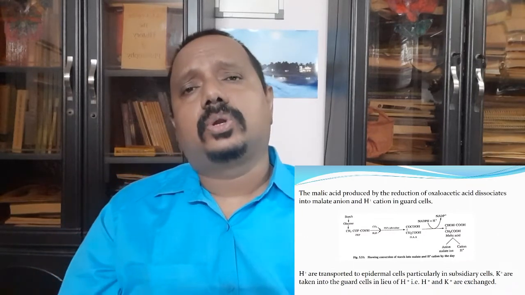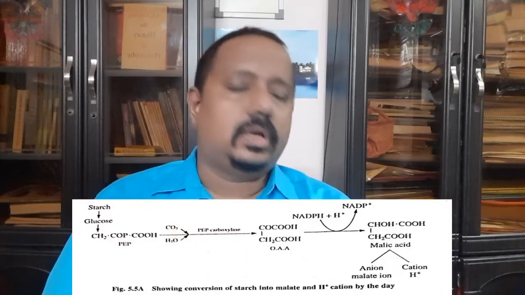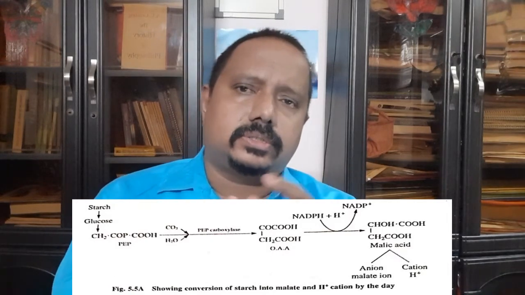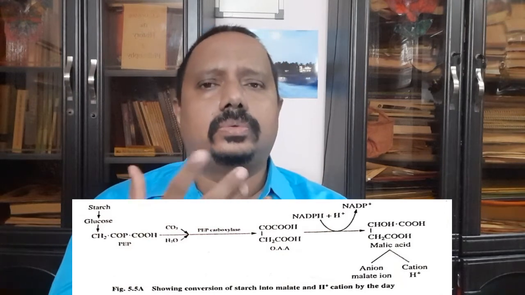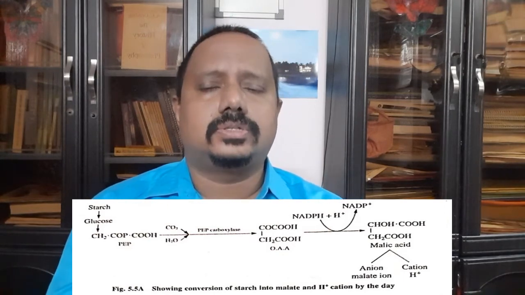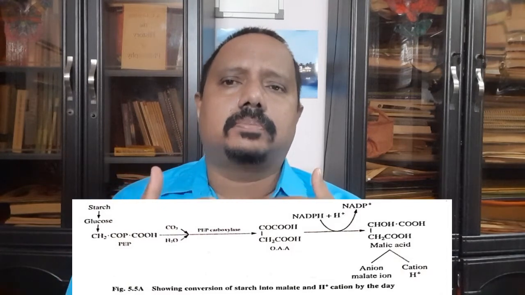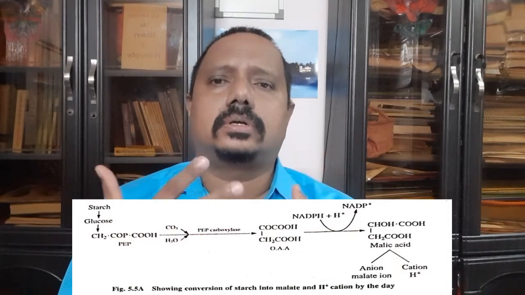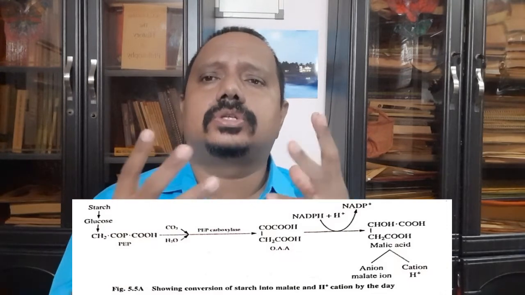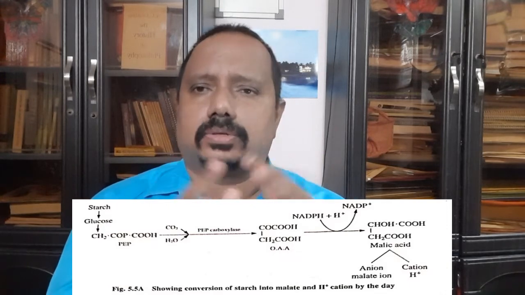This phosphoenol pyruvate diffuses into the stroma and is converted into other organic acids. So the pyruvate is converted into oxaloacetic acid by reacting with HCO3. Then the oxaloacetic acid is converted further into malic acid. This malic acid dissociates into malate and H+ ions.